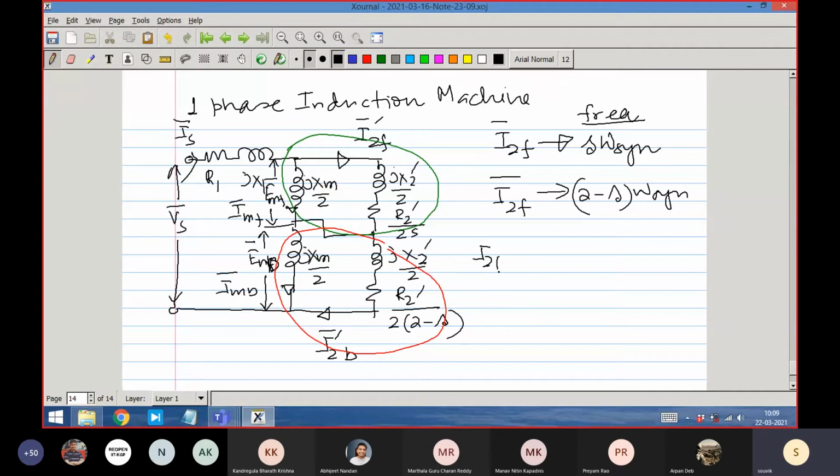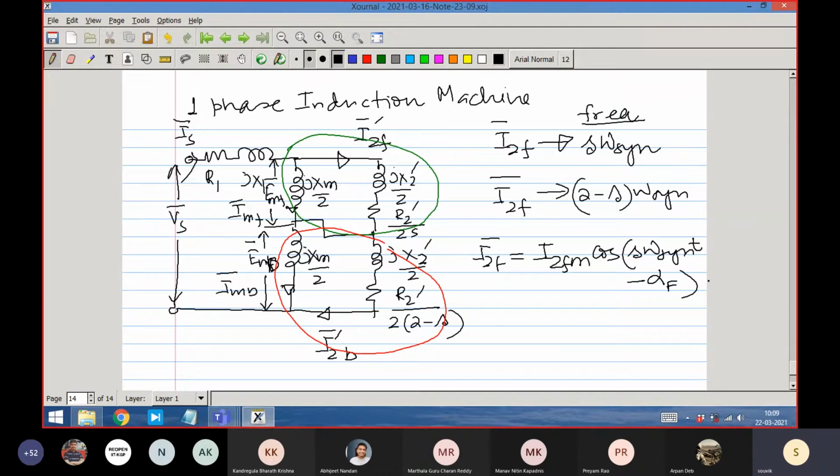I'm just taking a steady state, some magnitude I2F maximum value, into cos of S omega sin into T, and it may have some arbitrary time phase angle, which I am representing as alpha F. I'm just trying to give you a feel of the actual current in the rotor.